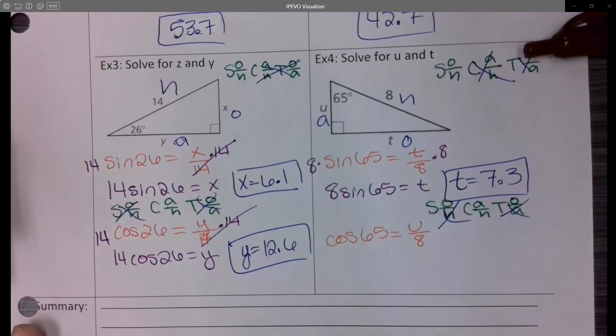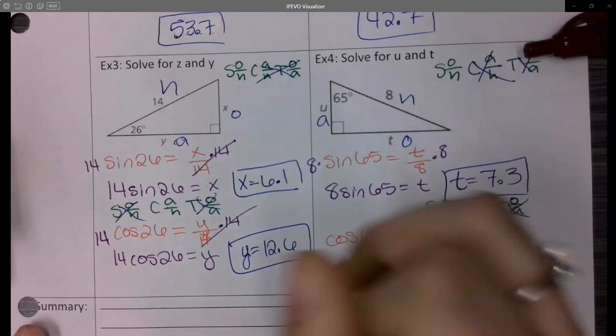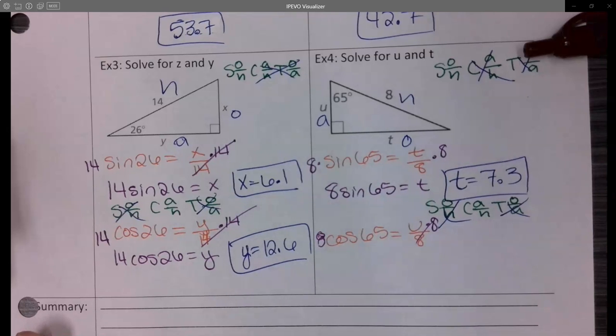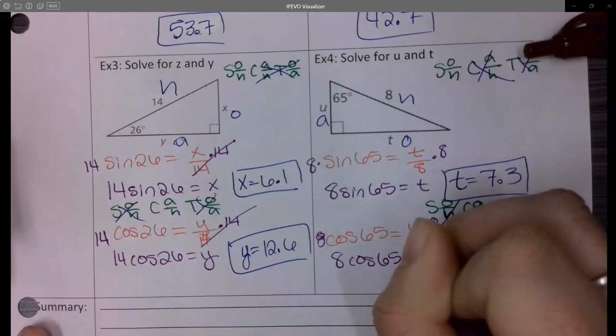Okay, number, I don't know why I said that. I want to get rid of the 8, so I want to multiply both sides by 8 to get rid of that fraction. Which will give me 8 cosine 65.